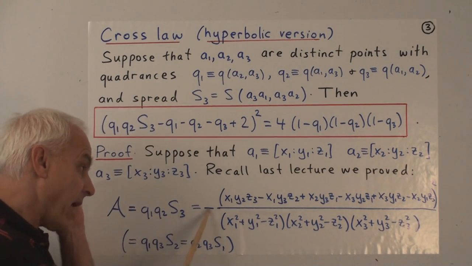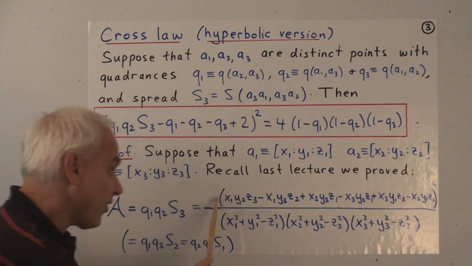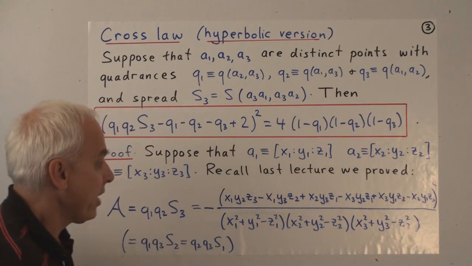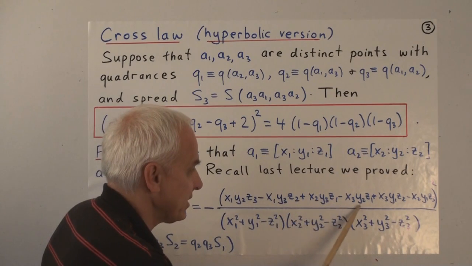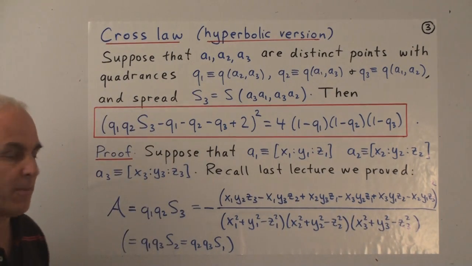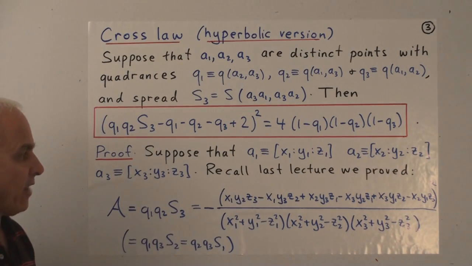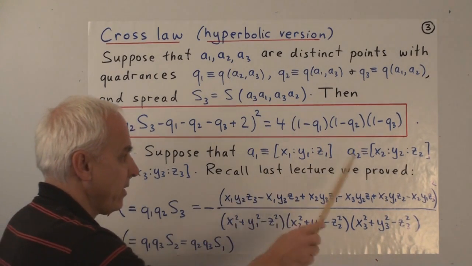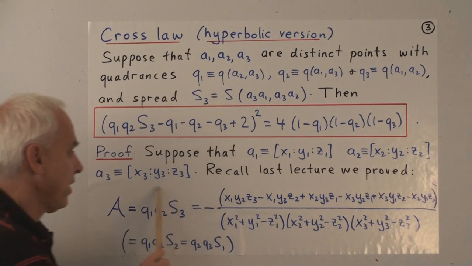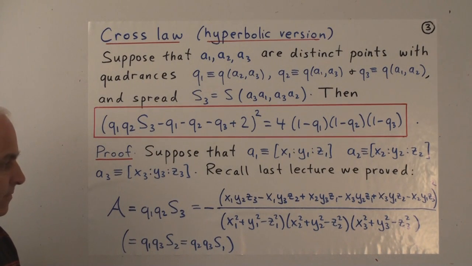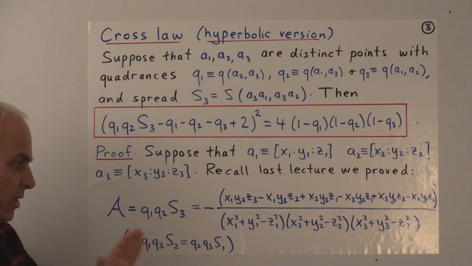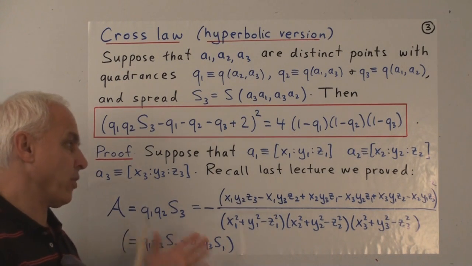So what is this? There's a minus sign first of all, and then there's a square on the numerator, and what's inside here? There's 6 terms alternating plus and minus. That's the determinant of the matrix that has rows x1, y1, z1, x2, y2, z2, and x3, y3, z3. So that's the natural determinant of a 3 by 3 matrix which is floating around here.